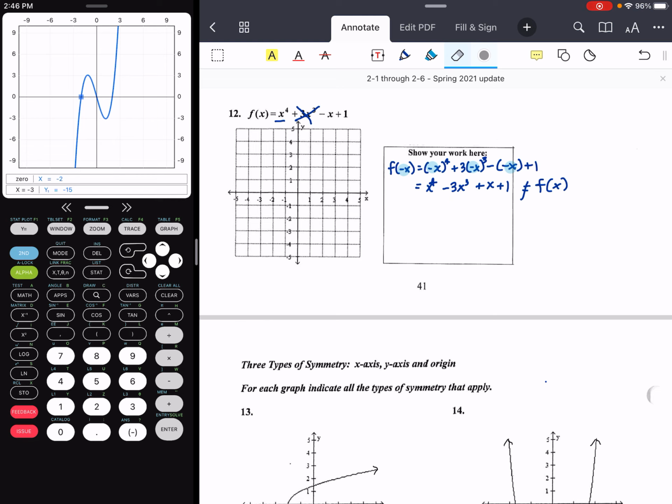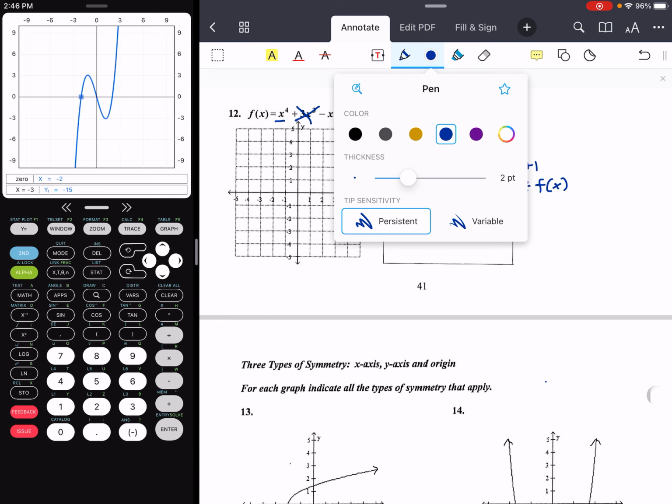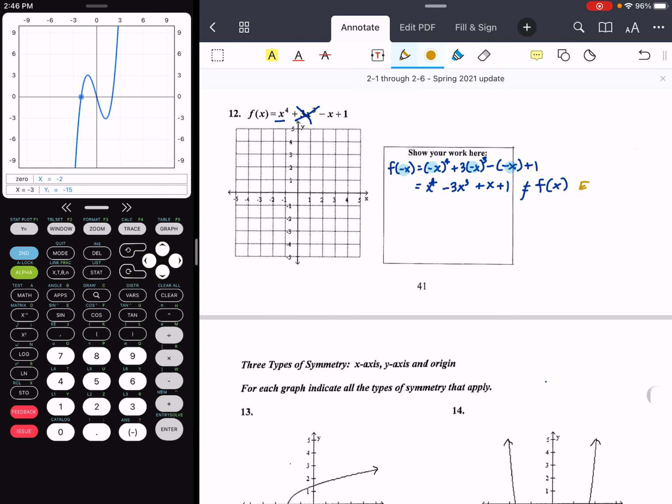Okay. Let's find negative f of x. Maybe that will be a match. I know I don't have an even function, right? I don't have an even function because f of negative x didn't equal f of x. Let's try negative f of x.